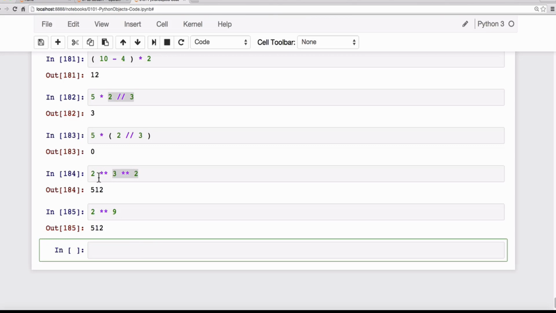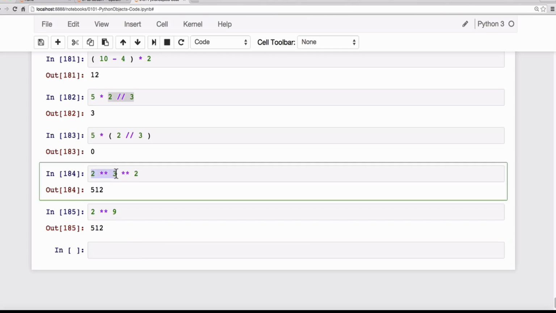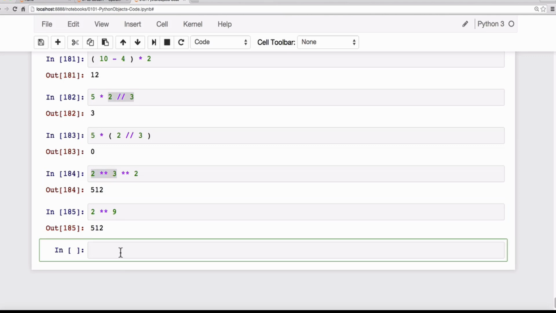Suppose in this case you want to evaluate 2 to the power of 3 first, then you must write the expression with 2 to the power of 3 in parentheses, and then apply the second power, and then you will get 64.